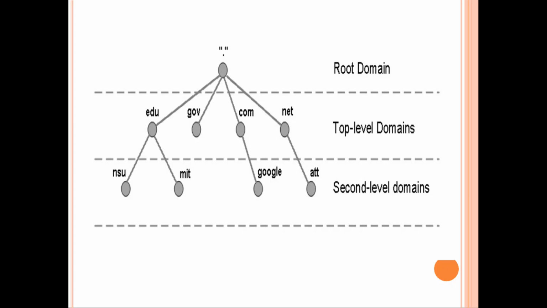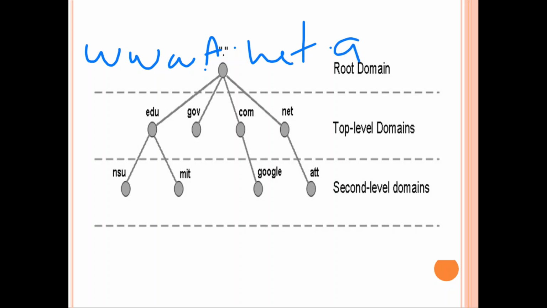Here your name will be like www dot your name, then dot edu, dot gov, dot com, dot net, and further it can be divided like www dot a dot net dot att, or dot google.